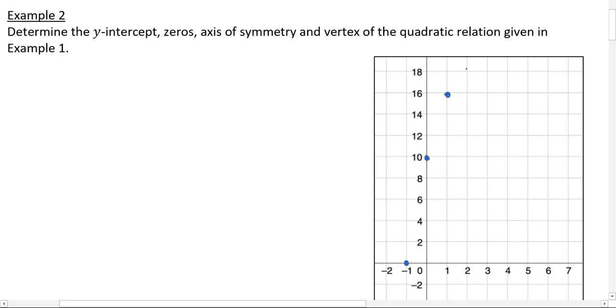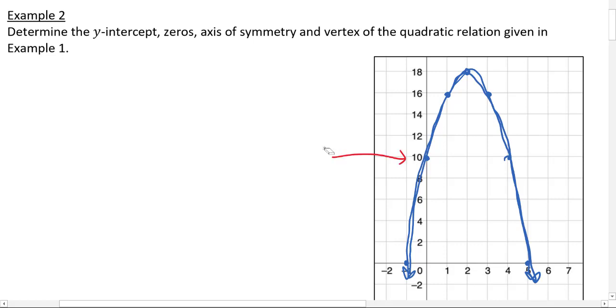Next one was equal to 18. 3 was back down to 16. 4 was back down to 10. And then 5 was 0. So there is our parabola.